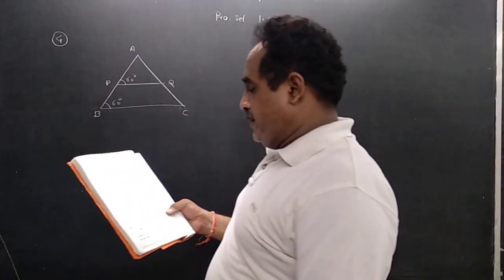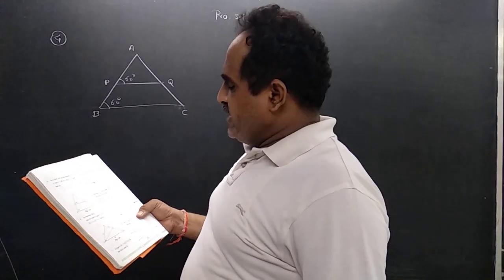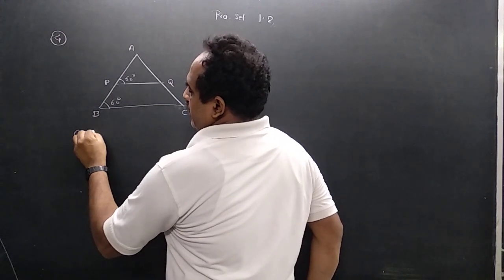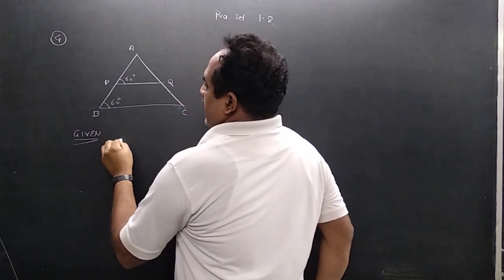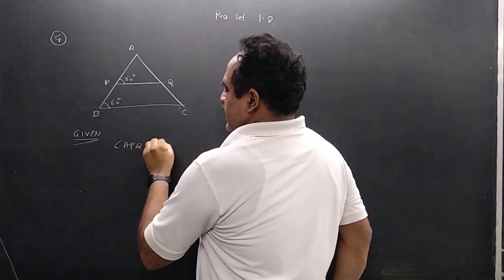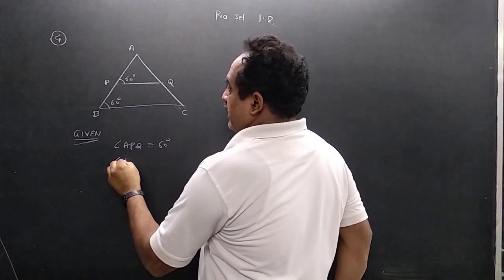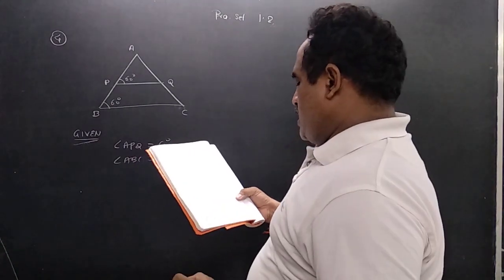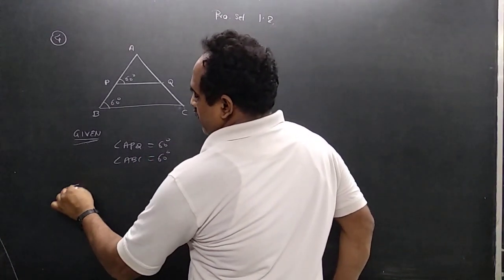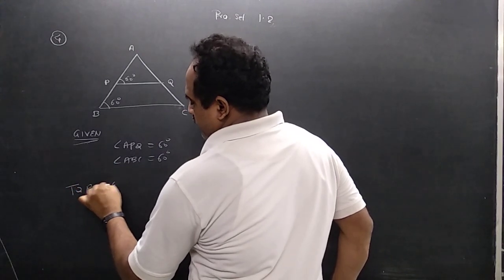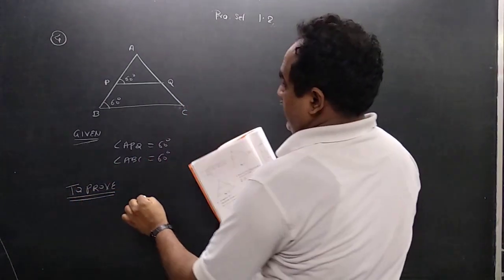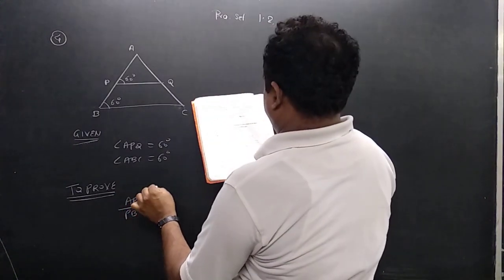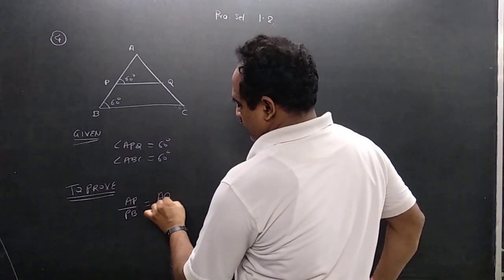In this question number 4, measures of some angles are given in a figure. So we'll take it as given: angle APQ is equal to 60 degrees and angle ABC is also 60 degrees. They have asked to prove AP upon PB is equal to AQ upon QC.